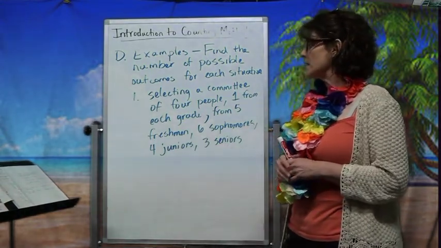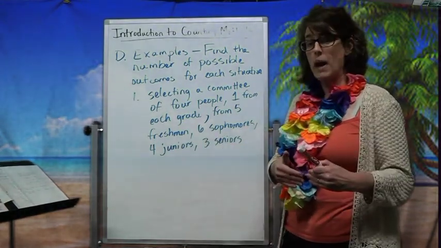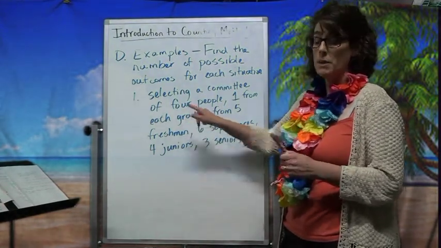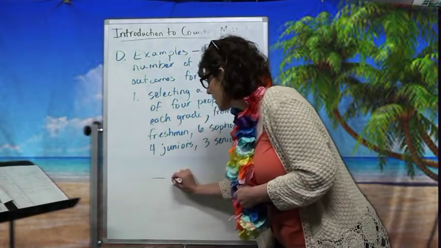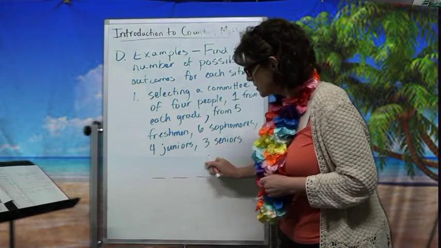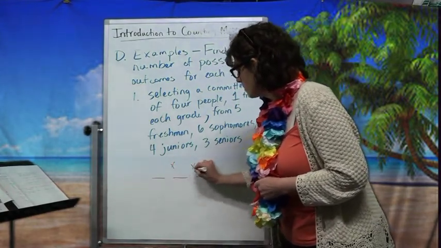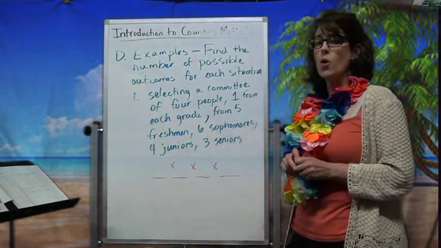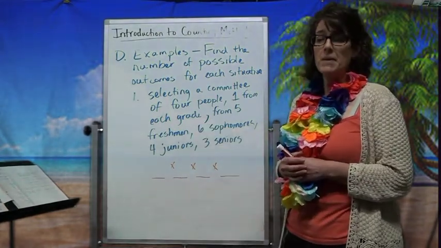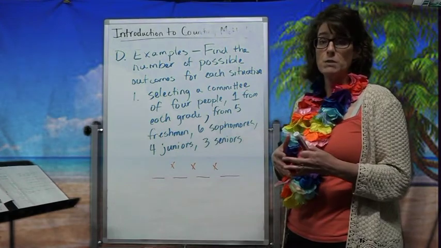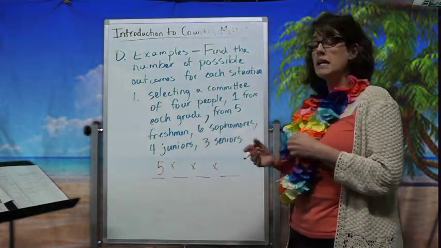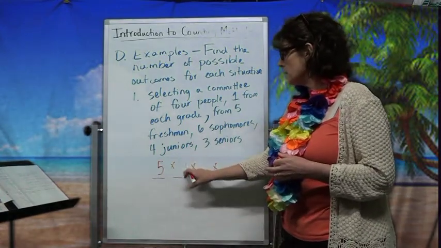So what I'm going to say is, well, how many seats do I have to fill? I've got 4 seats to fill because my committee has 4 people in it. So I'm going to have 4 slots, and I'm going to put numbers in each of these slots, and then multiply those numbers together. In this first slot, I'm going to choose from the freshmen, and I've got 5 freshmen to choose from. And then in my second option, this is going to be my sophomores.